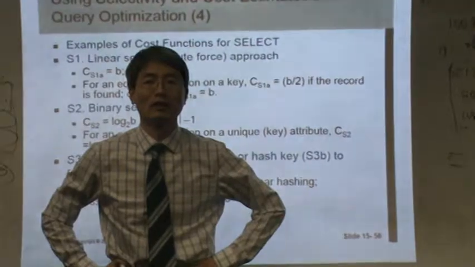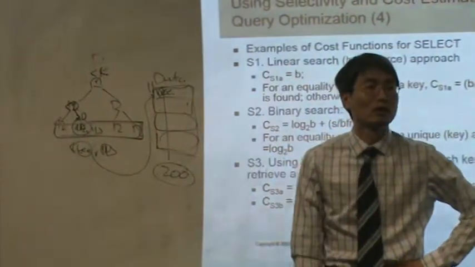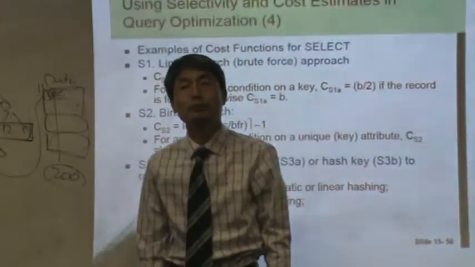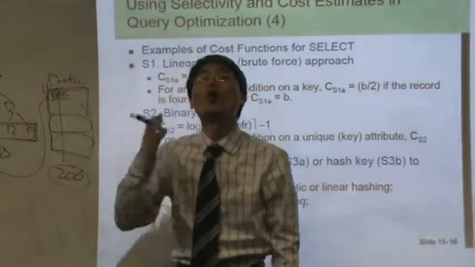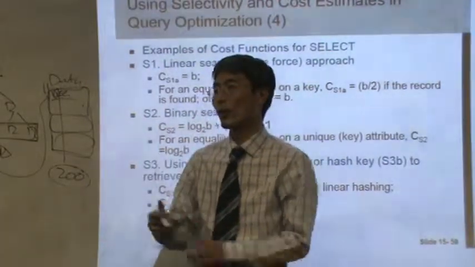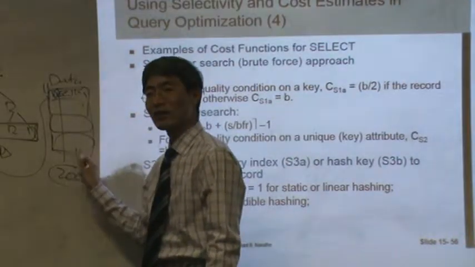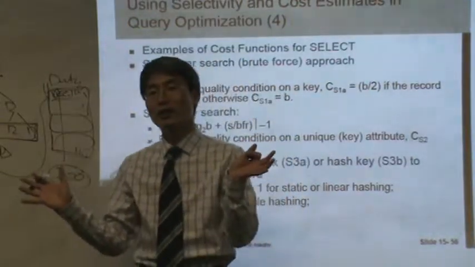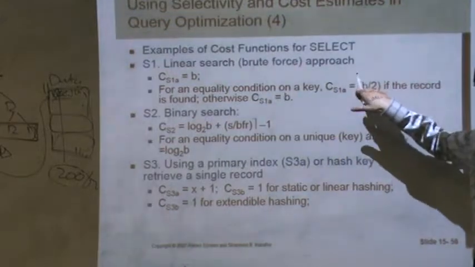B blocks. How many? It's a total of 200 blocks, without using any index, just a full scan. It's on average 100. Why? Because sometimes it can be at least 1, found here, but worst case, the last one. So sometimes 1, sometimes 200. On average, it's divided by 2.